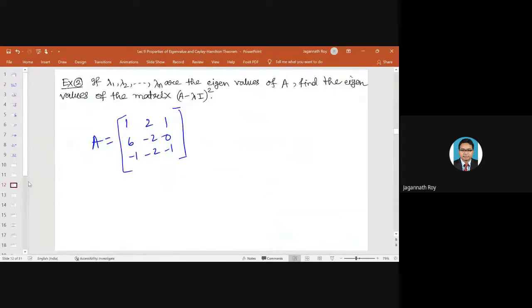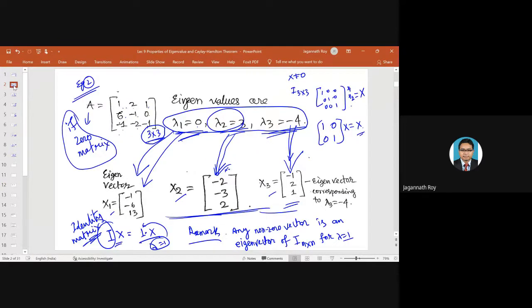Right. So this lambda 1 is 0. Lambda 2 is, what was that? 3 and minus 4.